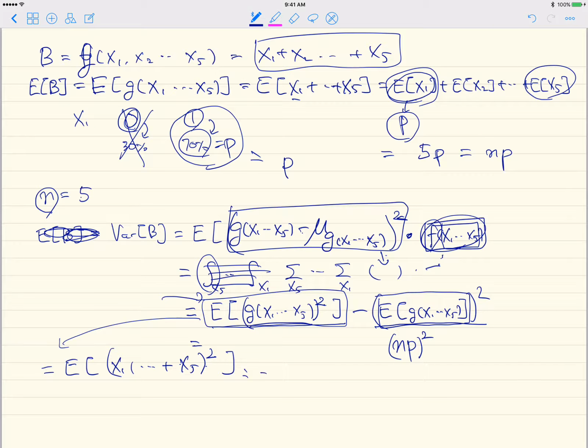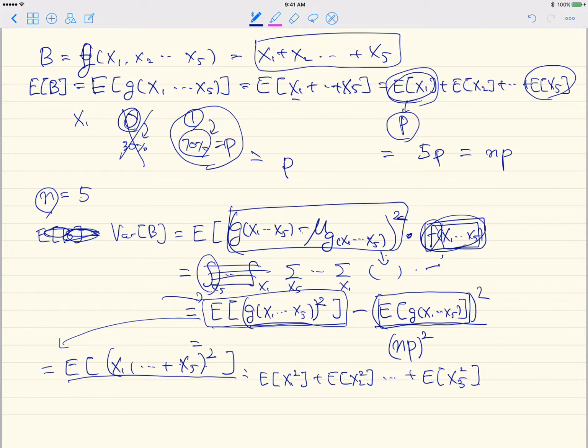Then it becomes the same as the expectation of x1 squared plus the expectation of x2 squared through the expectation of x5 squared. Okay, and why should that be true?